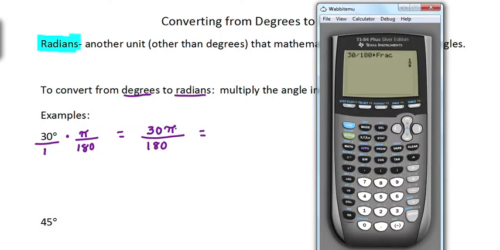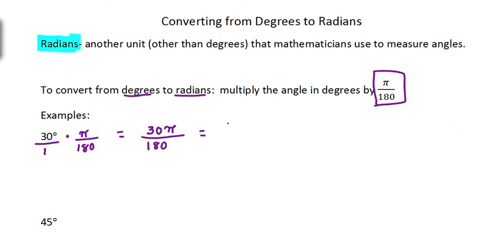Now I still have the pi there, and notice I did not enter the pi into the calculator. So I have 1 pi divided by 6. Now, that's fine. That's a common way that the angles are going to be measured.